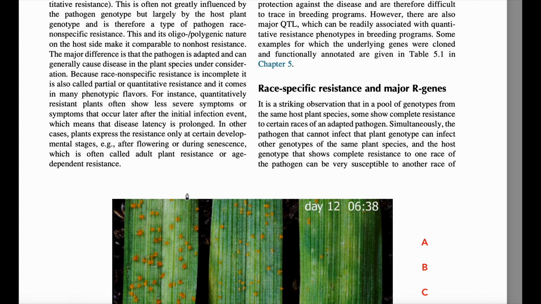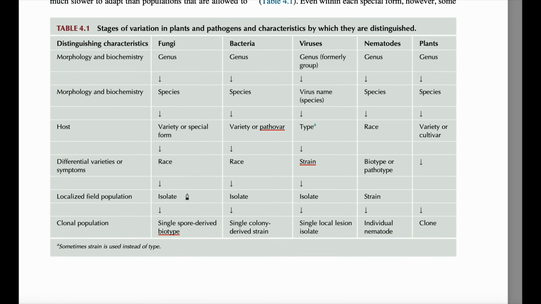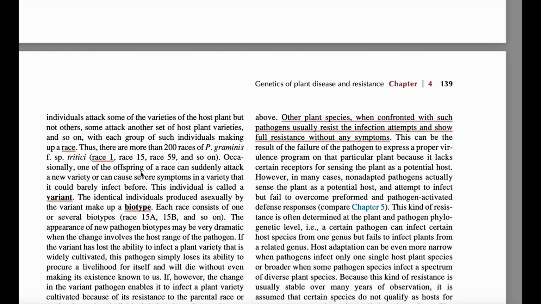Understood? See, in this table we have seen a pathogen having the same genus, species, formae speciales, and even after that they can have separate races. They can be differentiated among different races based on the symptoms. And here we have seen some examples like Puccinia graminis tritici, race 1, race 15, race 13.